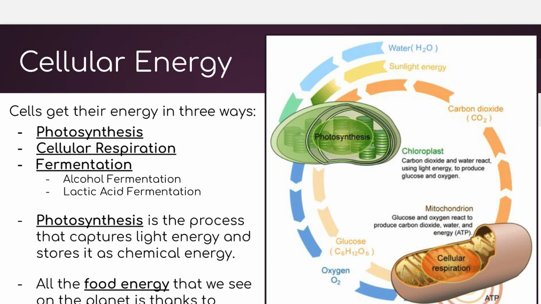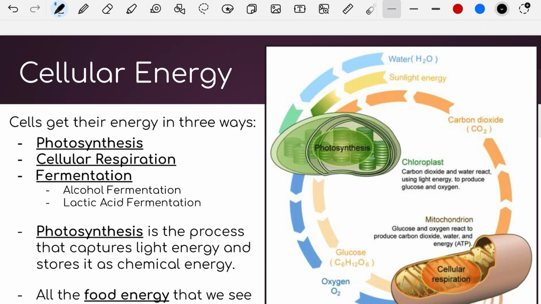So there is a balance of energy between photosynthesis and cellular respiration. Plants like to do photosynthesis, and they do it in something called the chloroplast. That process involves absorbing sunlight energy and changing it into sugar.